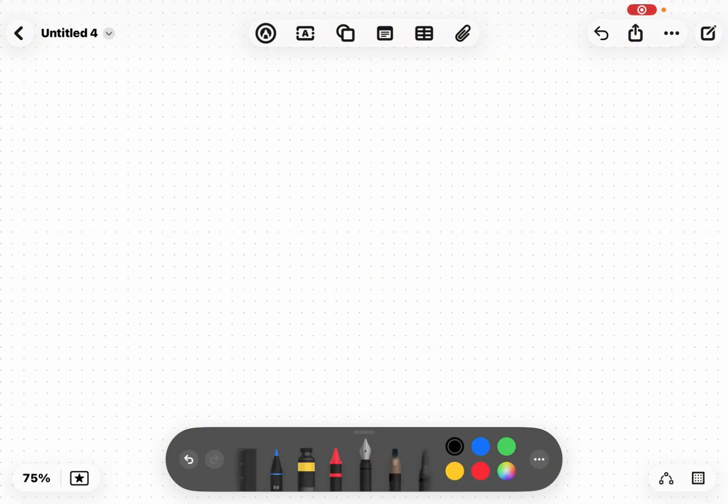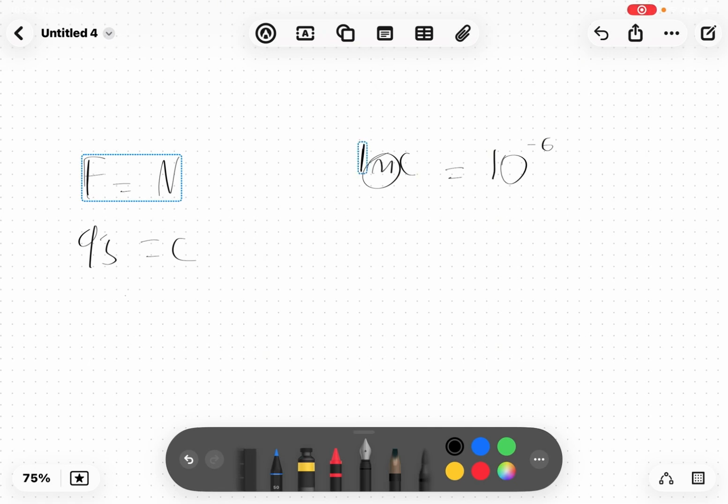Now let's talk about the units. For force, the unit is newtons. For Qs, the unit is coulombs. Because a coulomb is a big number itself, 1 coulomb is pretty large, in a question you would usually see 1 microcoulomb, where micro is equal to 10 to the power of minus 6 coulombs.